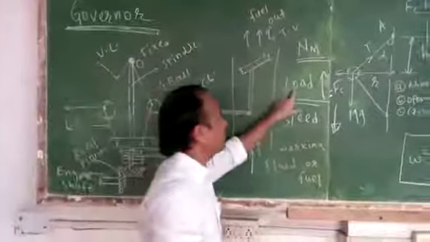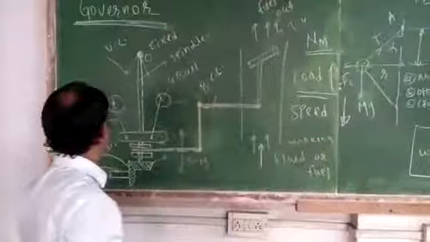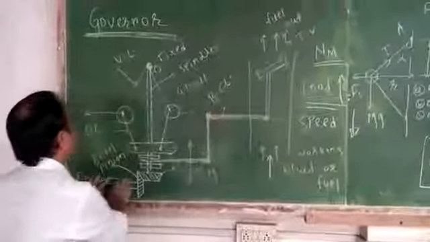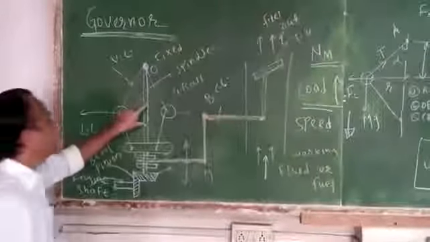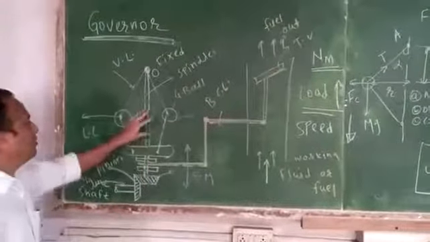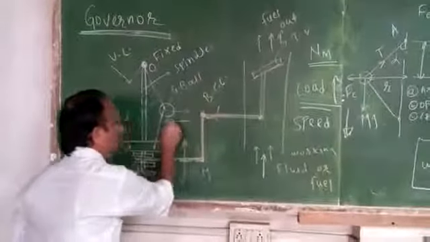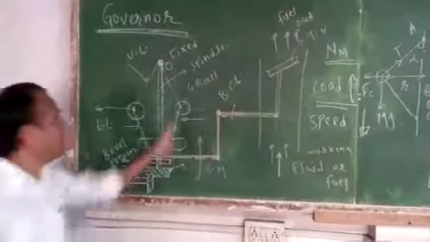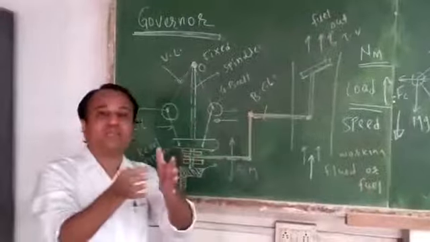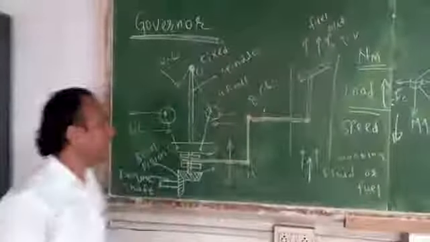That is, when load is more, speed of engine will be less, and this less speed will be sensed by the spindle. What will happen? The governor balls move in an inward direction.